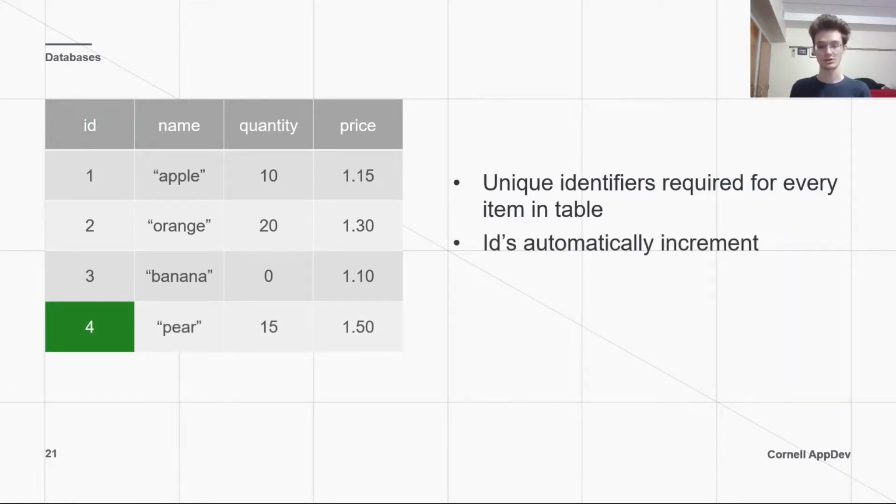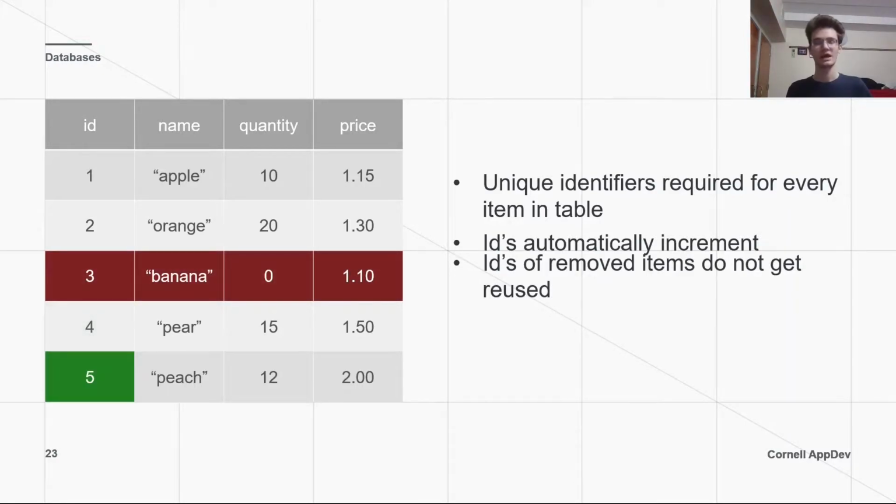These IDs can also be set to automatically increment when you add a new entry, which is very convenient. And also, IDs of removed items do not get reused. So if we remove banana there, the next element will still be 5, not 3.